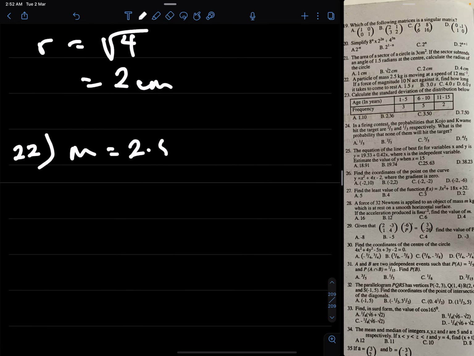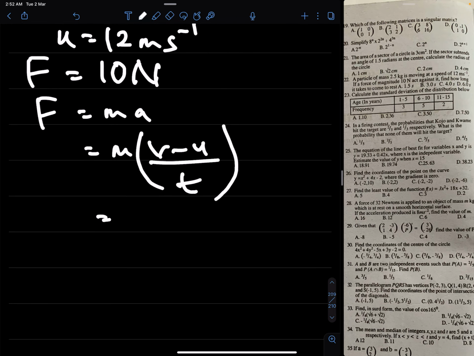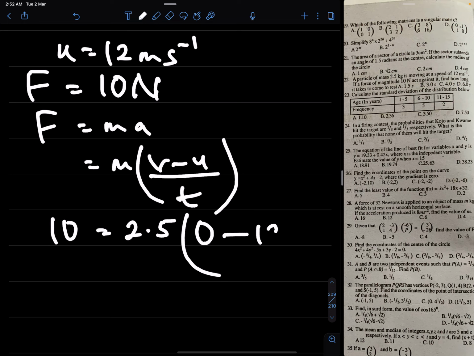We know that F is ma, where a is v minus u over t. So that means 10 newtons, which is a force, is mass, which is 2.5, times final velocity, which is going to be 0 when it comes to rest, minus initial velocity, which is 12, over time.